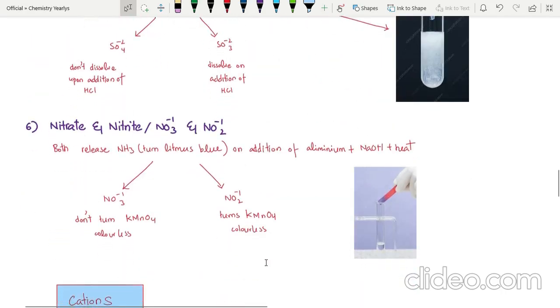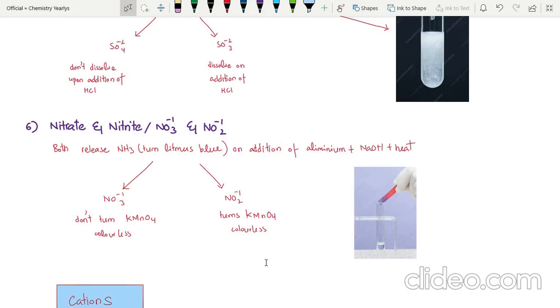Now let's move on to nitrate and nitrite. Both release ammonia, or you can say turn litmus paper blue, on the addition of aluminium foil plus NaOH, and then we are going to be heating it. Make sure that you place the litmus paper on the top of the test tube, not inside, because it will react with NaOH and give the blue color because of that.